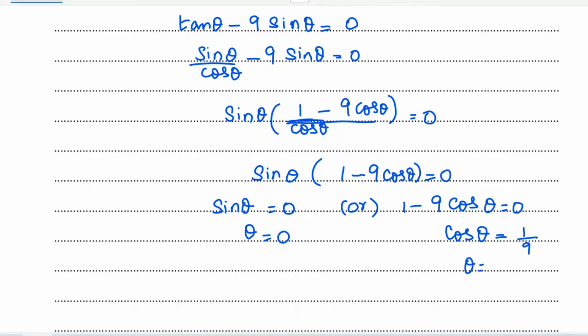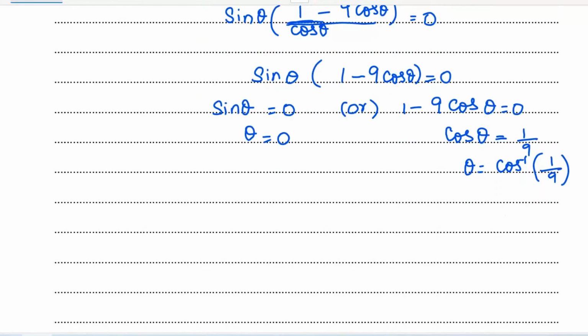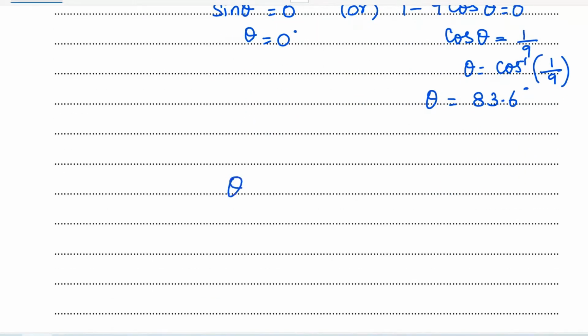So theta equal to cos inverse of 1 over 9, which is equal to 83.6 degree. So theta equal to 0 or theta equal to 83.6.